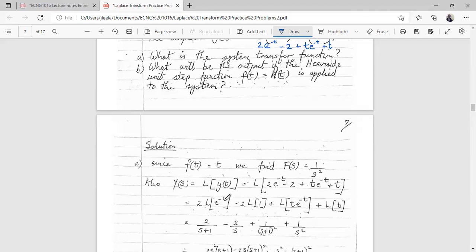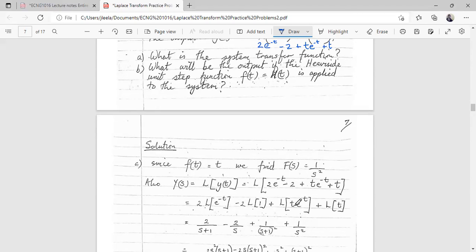So the Laplace of e to the minus t minus 2 the Laplace of 1 plus the Laplace of te to the minus t, right? And then plus L of t, right? So the Laplace of e to the minus t is 1 over s plus 1. And then you have to multiply that by 2, so you have 2 over s plus 1. The Laplace of 1 is 1 over s, so it's minus 2 over s when you multiply by 2.